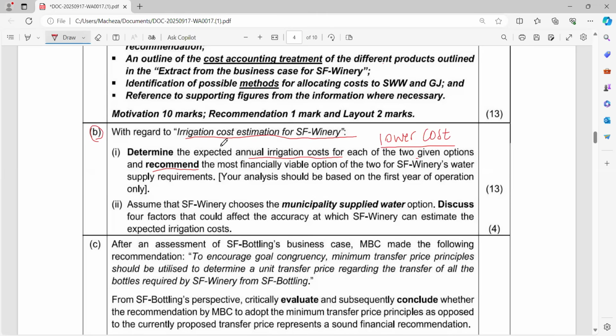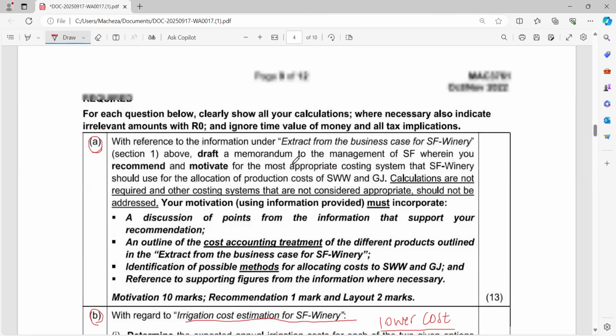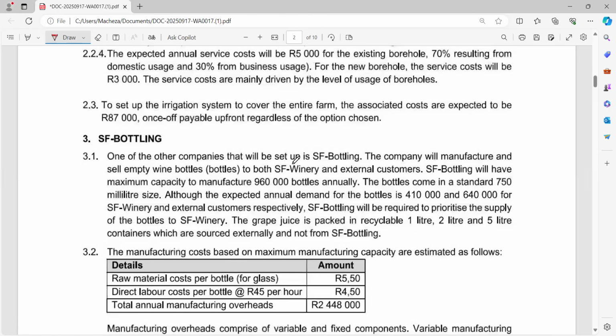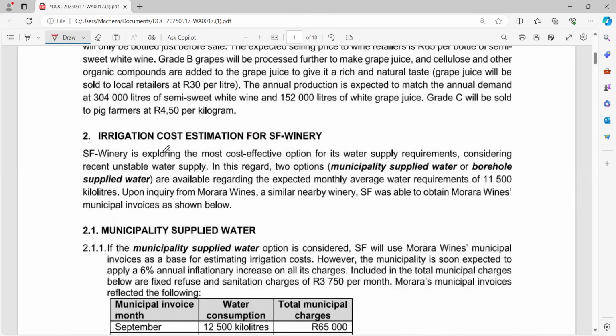So let's look at the irrigation cost estimation for SF winery. Right here they say SF winery is exploring the most cost-effective option for its water supply requirement, considering recent unstable water supply.